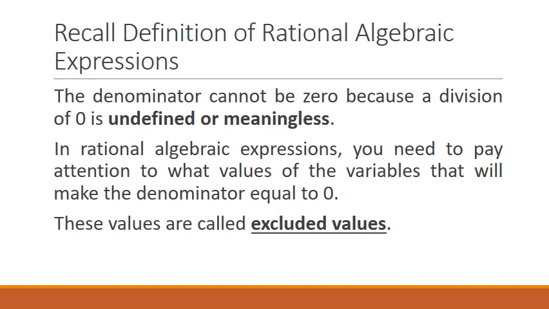In rational algebraic expressions, you need to pay attention to what values of the variables will make the denominator equal to 0. Those values are called the excluded values. Meaning excluded, they do not belong to the domain. Therefore, they are called excluded values.